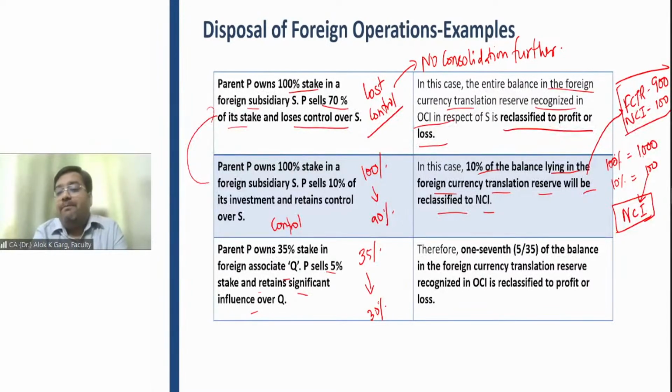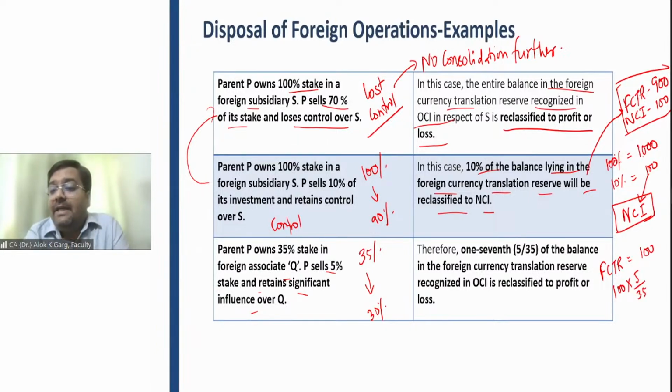for this 35% stake, the FCTR for this 35% stake, for example, the FCTR was 100 rupees, right? And the company has sold out 5% stake. It means the company has to transfer 100 multiplied by 5 divided by 35.